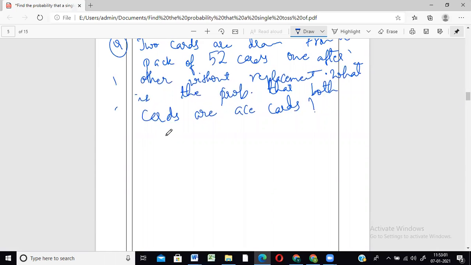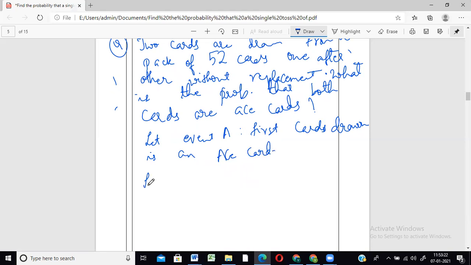As they're telling you, two cards are to be drawn. Two cards means I can name them as two events. Let A be the event that the first card drawn is an ace card.